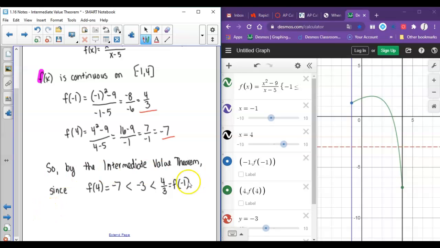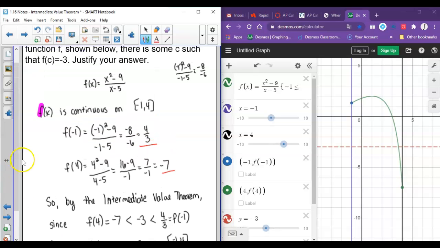So what we would say here, I'm going to say it this way this time. Since this is true, there exists some, I'm going to use a c this time, some c on the interval from -1 to 4, such that f of c equals -3.